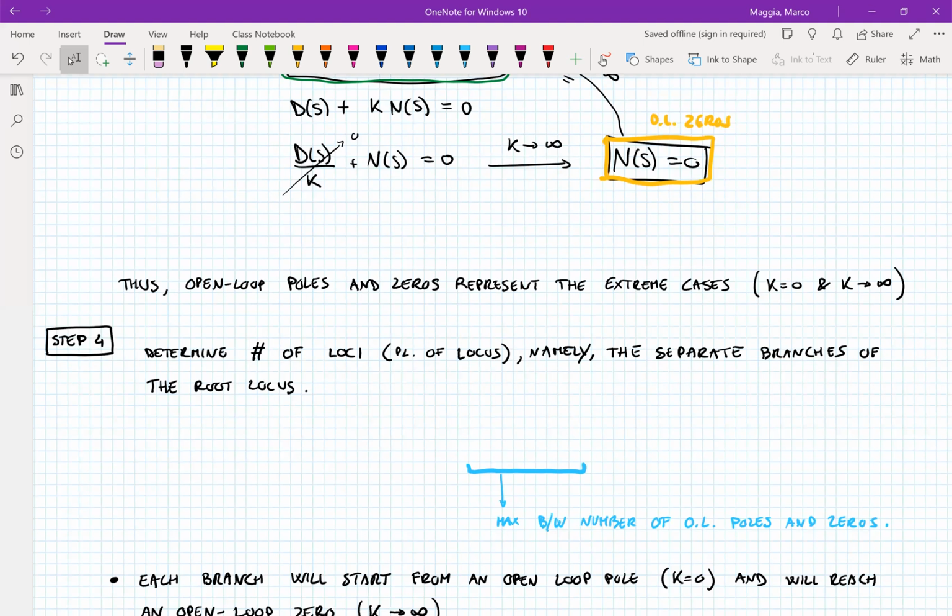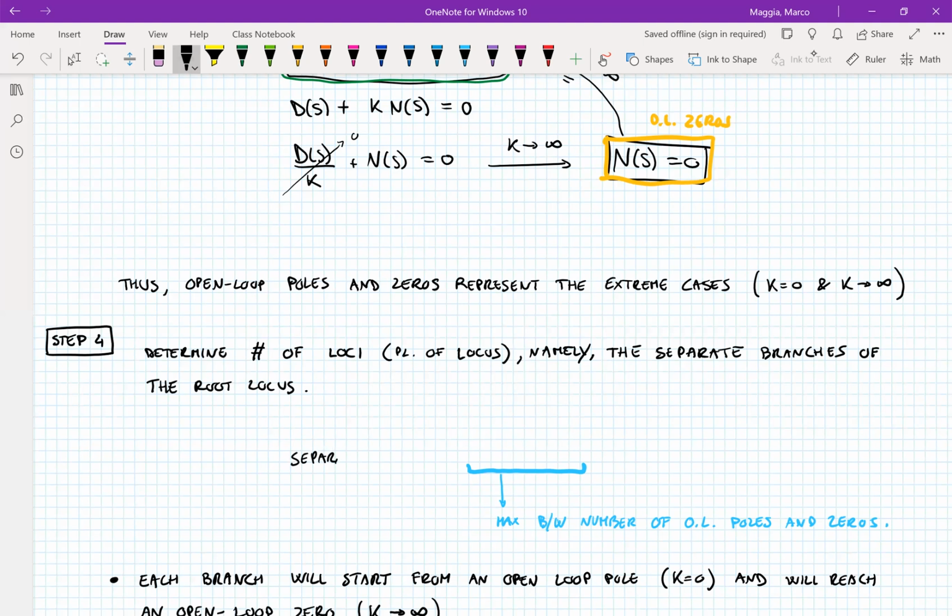Now, in step four, we are going to determine the number of loci. Loci is a Latin word, the plural of locus. So sometimes I'm going to talk about loci, sometimes about branches of the root locus, because the root locus is going to have different branches. So how many of them do we have?